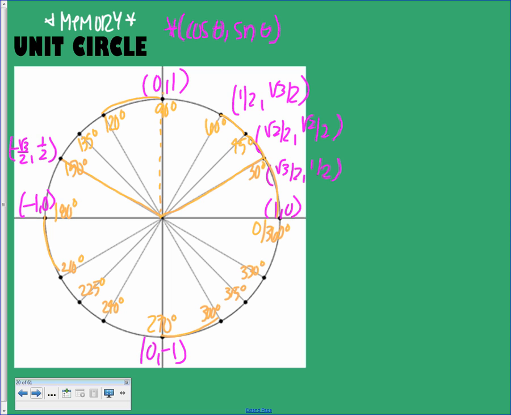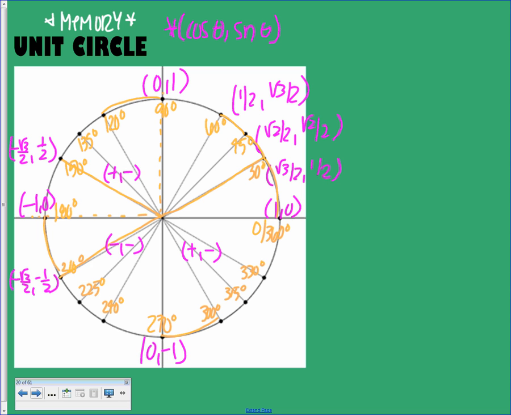Now if you were to take that same 30 degrees and this time reflect it over the x-axis, that's going to land down here at 210. Now it's going to be the exact same ordered pair, but now everything is negative because it's negative, negative down here. So that's going to give me negative square root of 3 over 2, negative 1/2. Now if we go into the fourth quadrant, we know this is positive, negative.